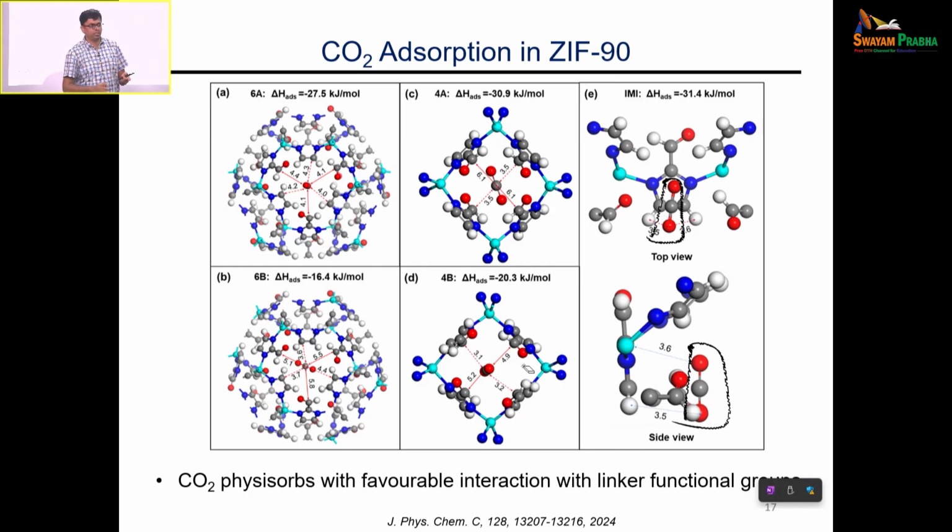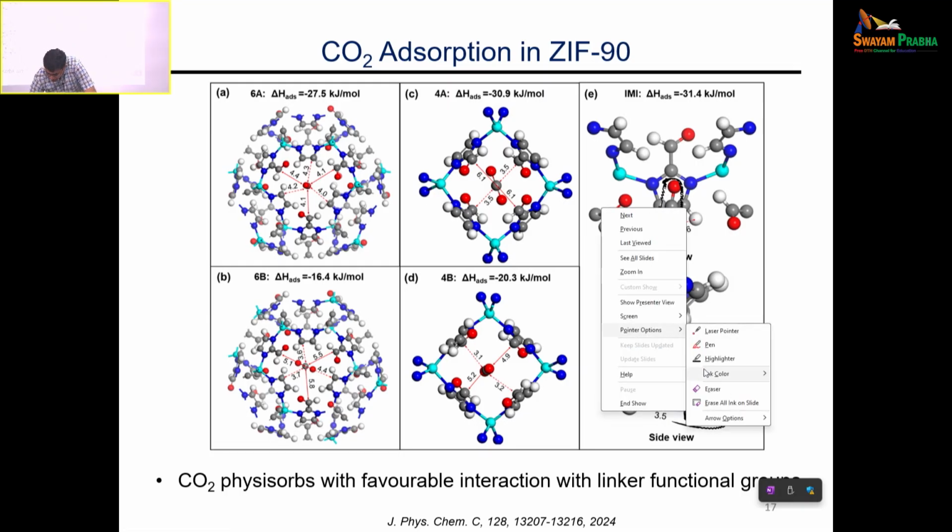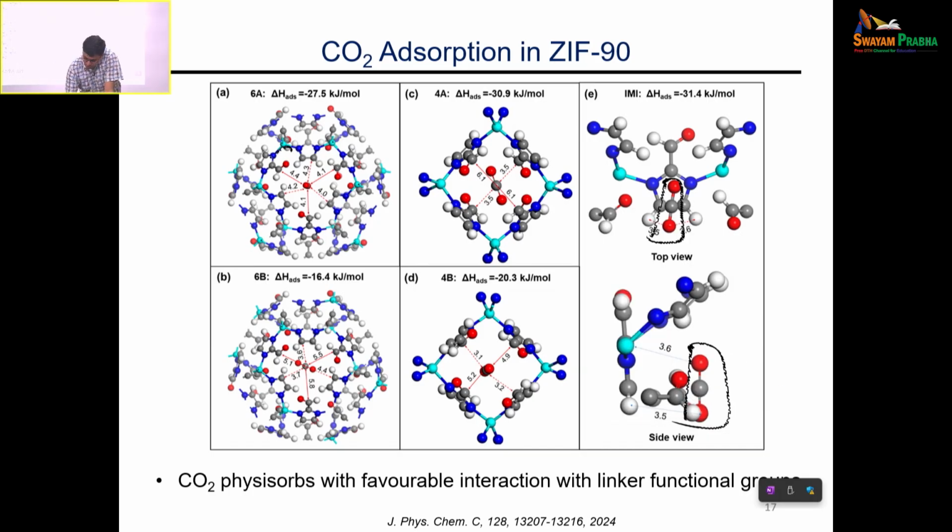So the interaction here is primarily physisorption, but even within physisorption, what you see here is one view where there is a 6-membered cage of sorts and a 4-membered cage of sorts.